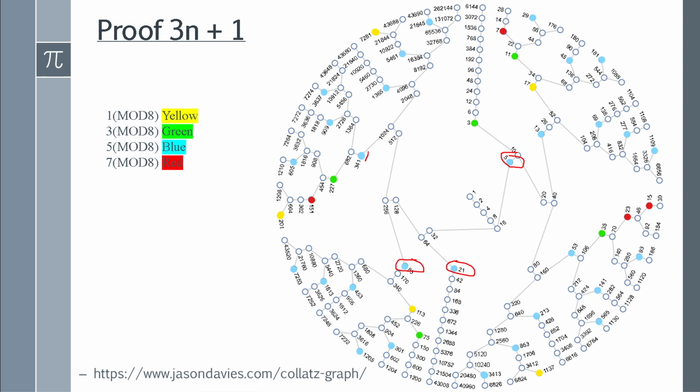And so I'm circling the odd numbers where the next step is the number 1. And again, the only one that is not blue that can get you there is 1. And it loops because it's a 1 mod 8 number.